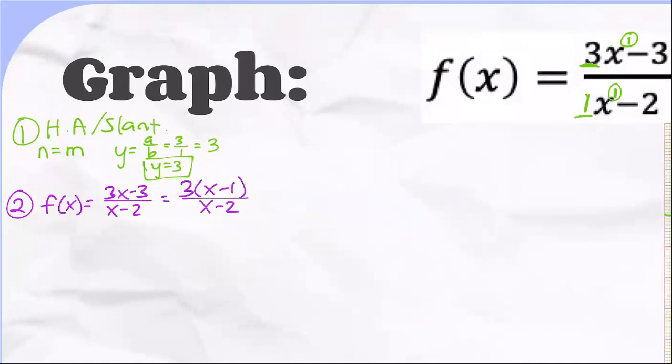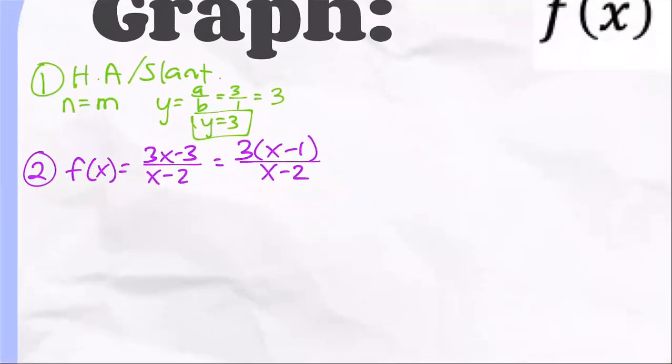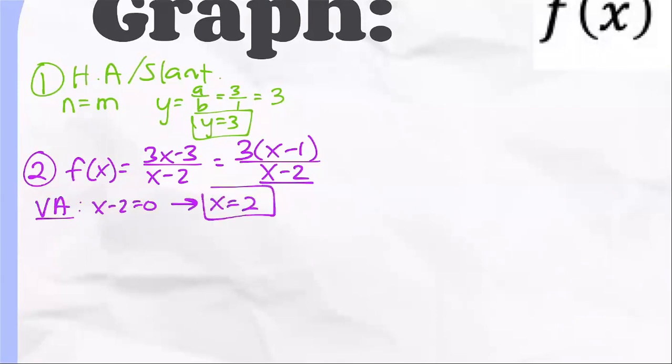But even once that's done, there's nothing that is going to cancel out. So now I'm going to calculate my vertical asymptotes. For vertical asymptotes, remember it's whatever makes the denominator equal 0. And so my vertical asymptote is going to be x equals 2.